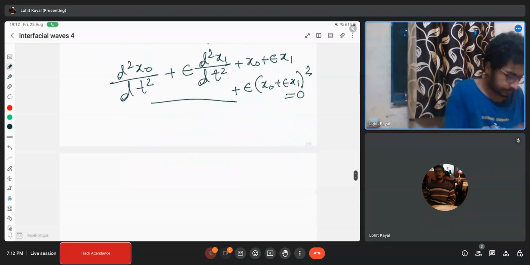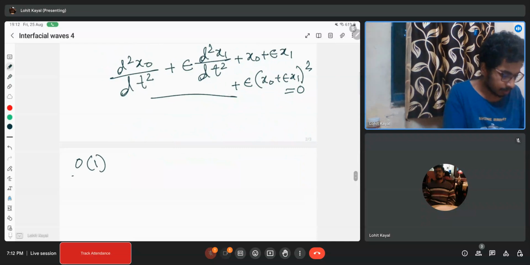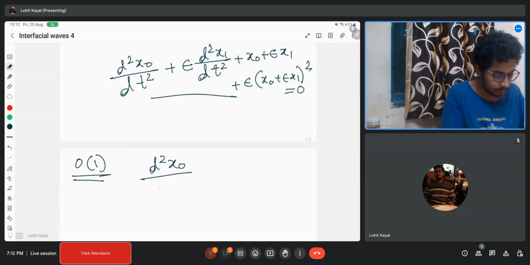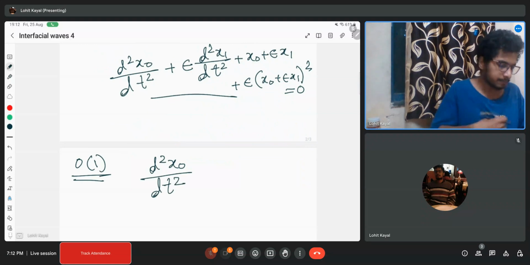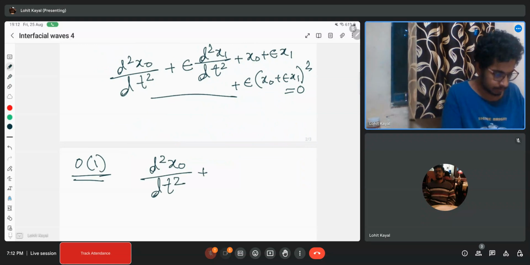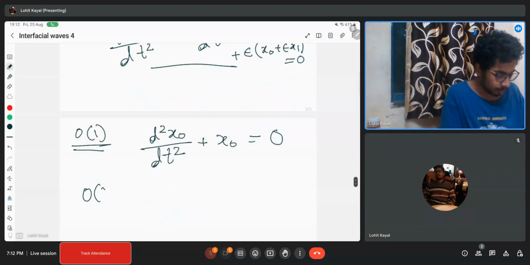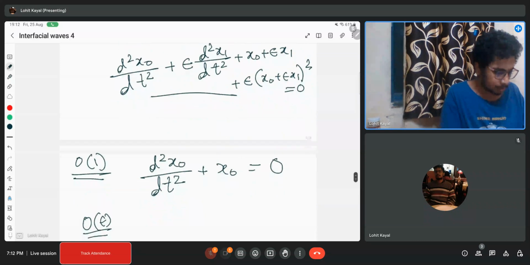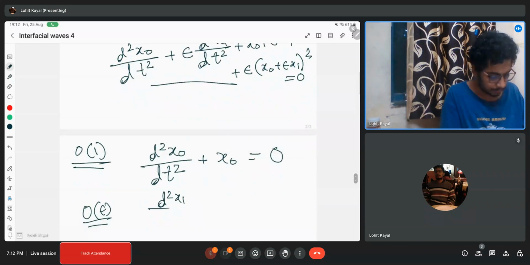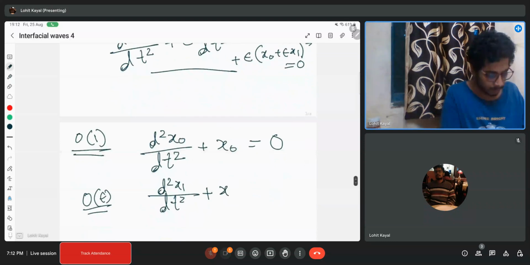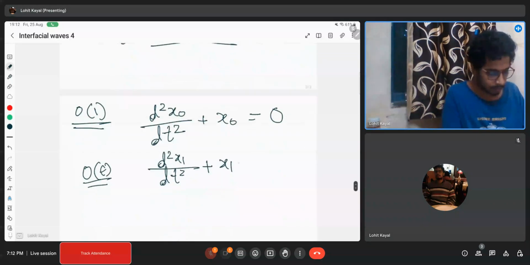So now let us write down the order 1 solution. It will be d²x0/dt² + x0 = 0. At order epsilon, it will be d²x1/dt² + x1 + x0² = 0.